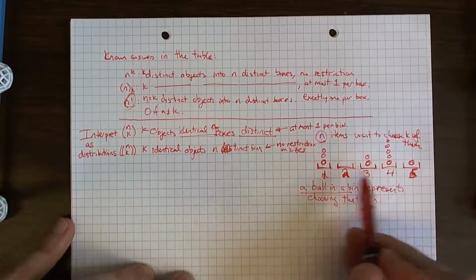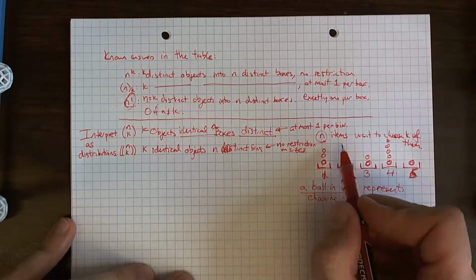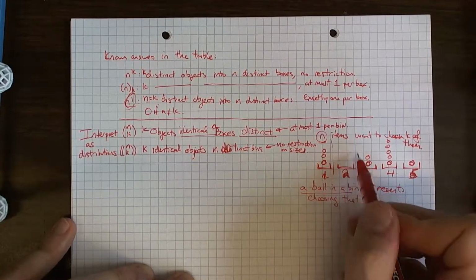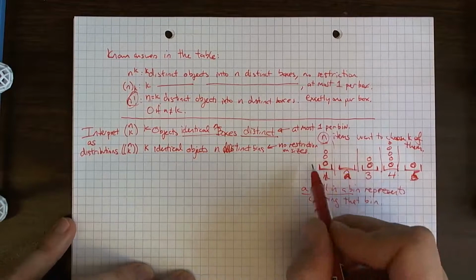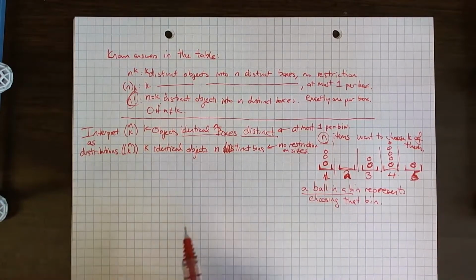This goes back to our stars and bars argument. We have the stars and the bars that are dividing the stars, and so in how many ways can we do that? That's a MultiChoose problem.